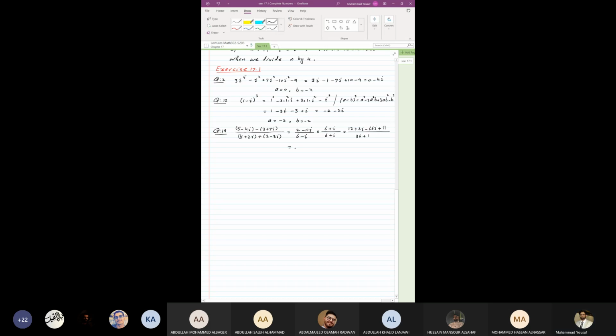So this is equal to real part 11 plus 12, 23, minus 64i over 37. So we write it as 23 over 37 minus 64 over 37 i. So this is in the form a plus bi. Any question?